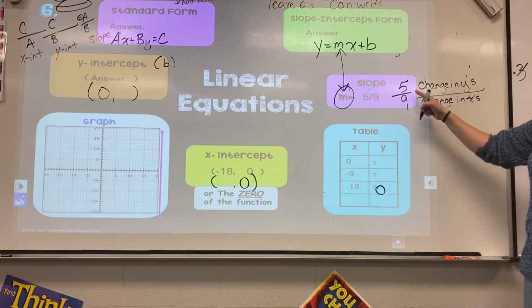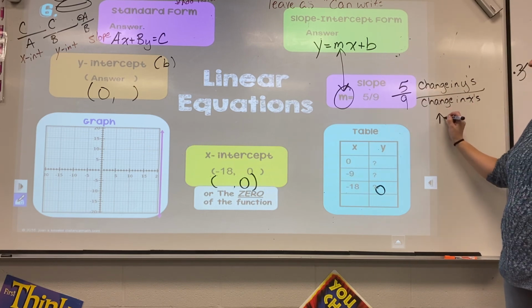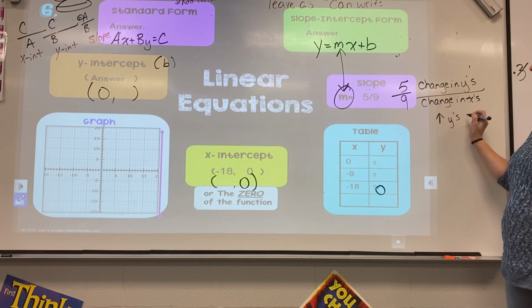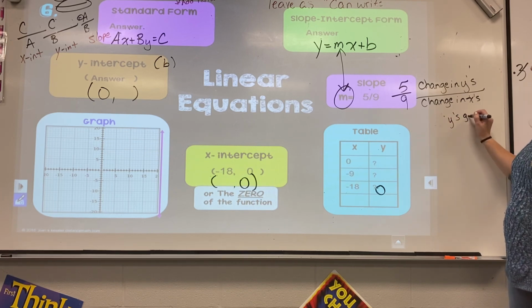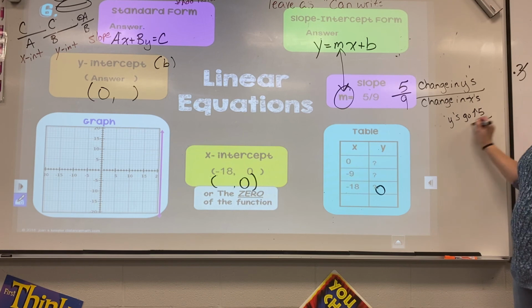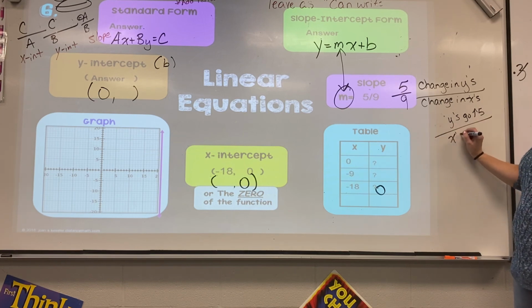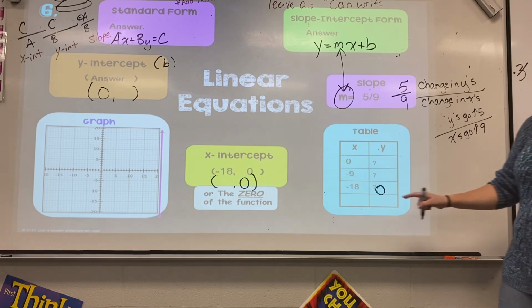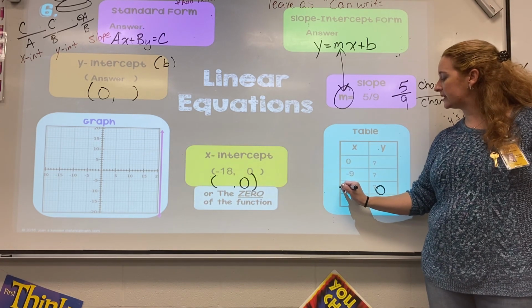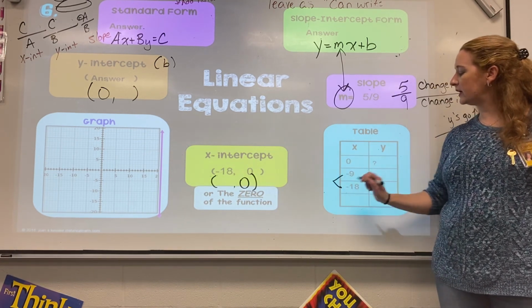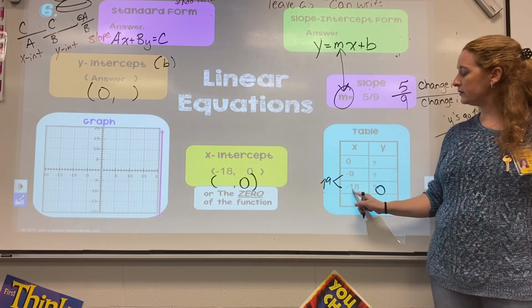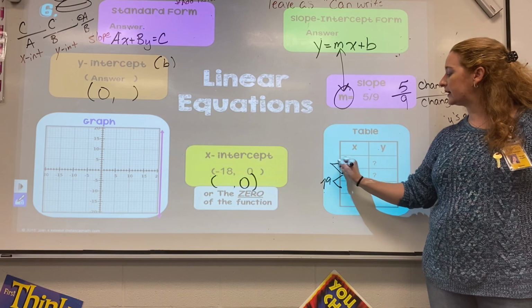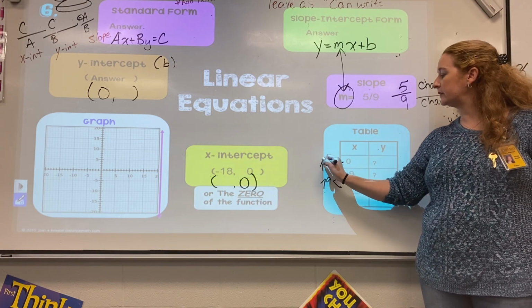Okay, so this 5 tells me that my y's go up by 5 every time that my x's go up by 9. So let's look over here. If I go from -18 to -9, do I go up 9? I do. If I go from -9 to 0, do I go up 9? I do.